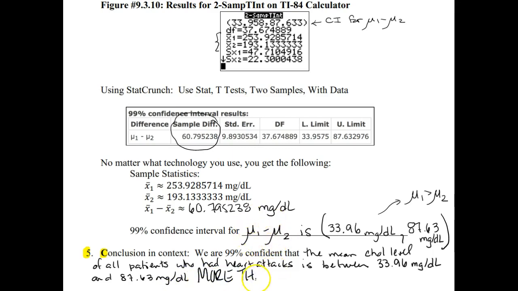We're subtracting and making a comparison between the groups, and both endpoints are positive, which tells us mu1 is bigger than mu2 by an amount in this interval.